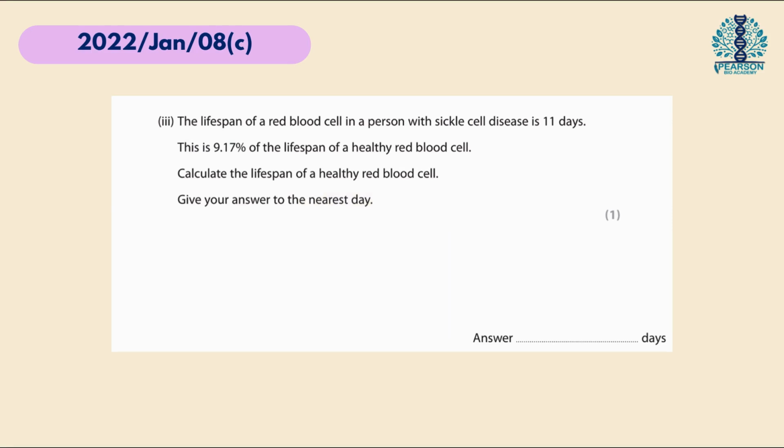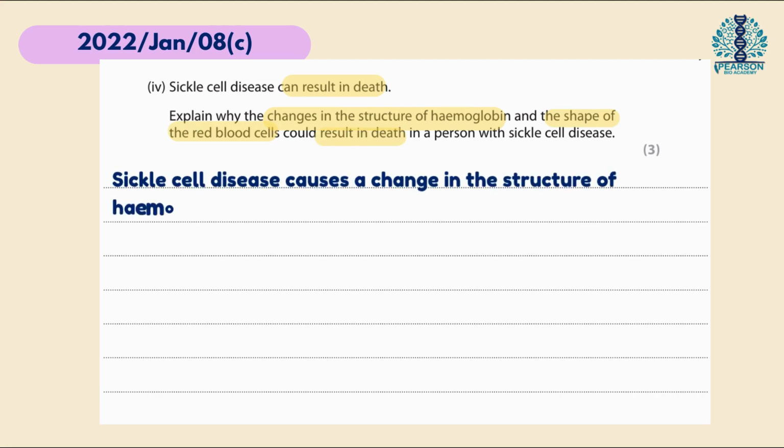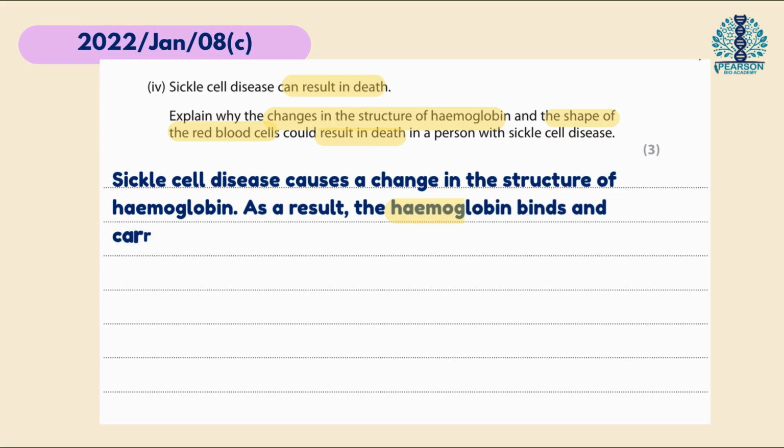And the final question: sickle cell disease can result in death. Explain why the changes in the structure of hemoglobin and the shape of the red blood cell could result in death. So, first point, the structure of hemoglobin is changed, so it carries and binds less oxygen than normal hemoglobin.